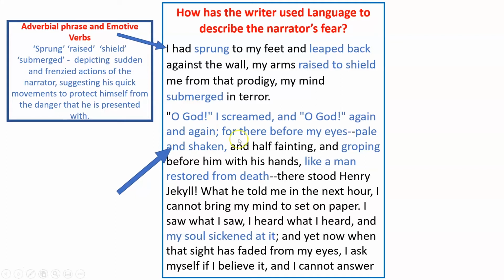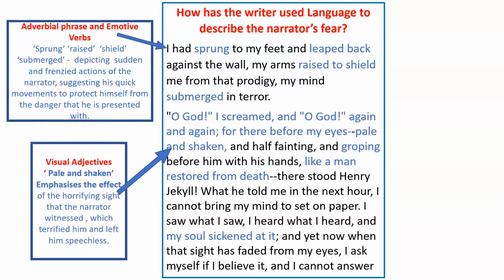But here we also see that there are visual adjectives being used: pale, shaken, suggesting that the sight that lay before him was quite something out of the ordinary. It was a horrifying sight. It was a sight that the narrator had never witnessed before, and this left him speechless. As we can see, he just says, "Oh God," and he repeated, "Oh God."